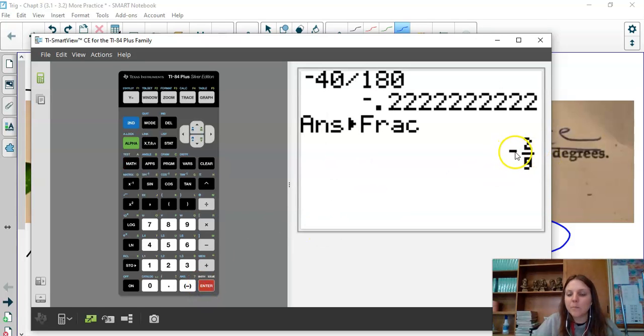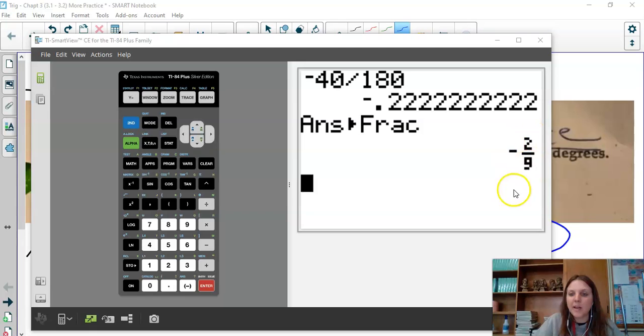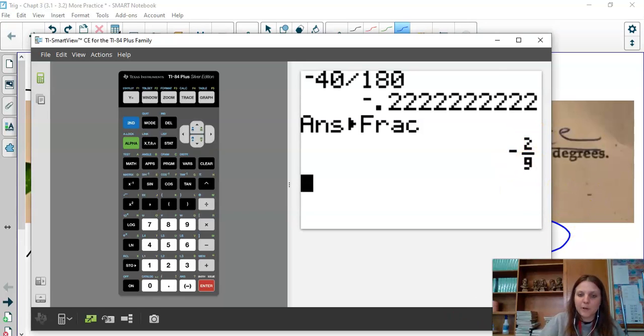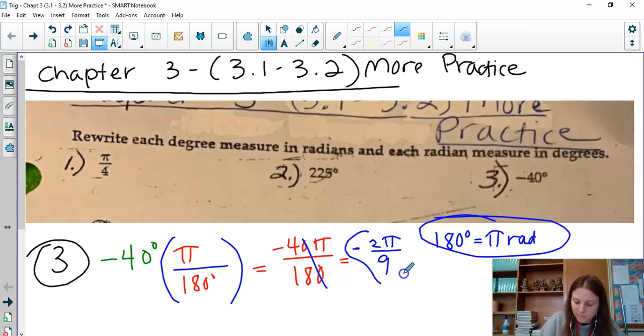If you reduced it by dividing out the zeros, then negative 4 divided by 2 would give you the negative 2, and then 18 divided by 2 is 9. So either way, it ends up being negative 2 over 9, and then you don't want to forget to put the pi back into the answer. So it'd be negative 2 pi over 9, or negative 2/9 pi. That would be okay as well.